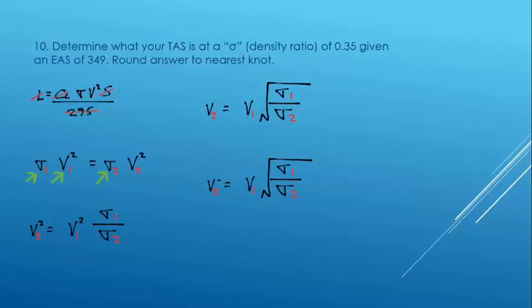So we set up the formula, plug in the known values, and solve. And so we would wind up with V2 of 590 knots from an equivalent airspeed of 349, and that 590 knots will be in true airspeed. This is the number you would get if you worked it on your E6B.